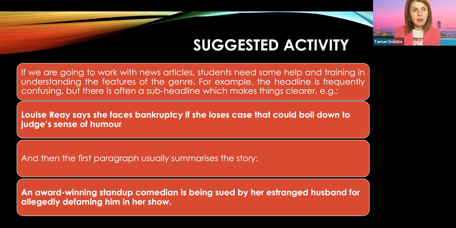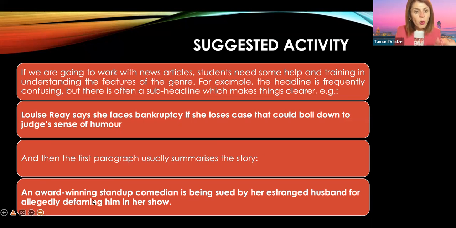If we are going to work with news articles, students need some training once again, but as we see, this is a suggested activity. Students were given a headline, then they were asked to summarize the story by using the subheadline.